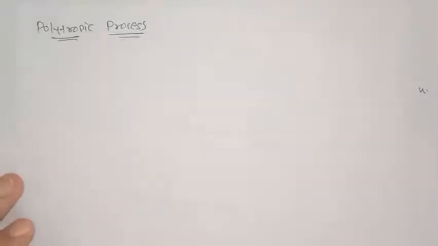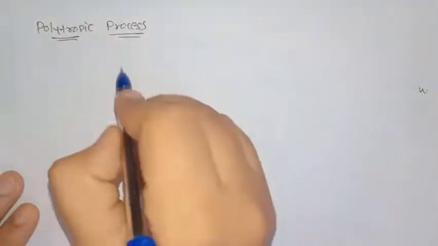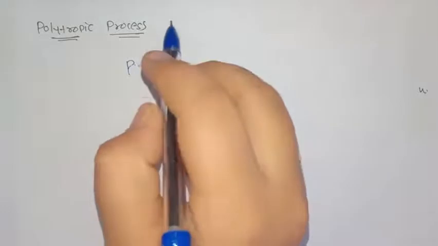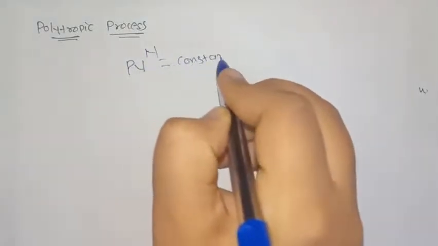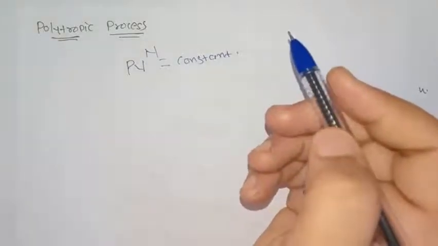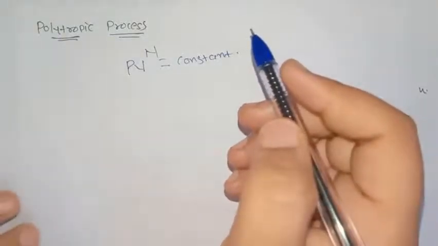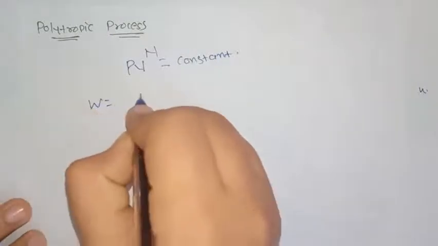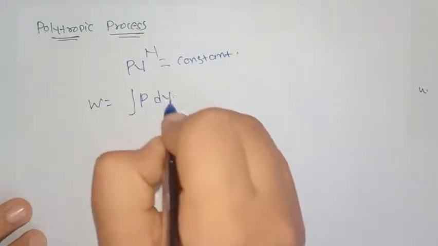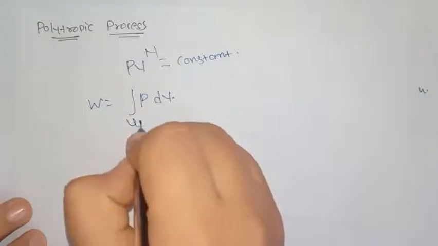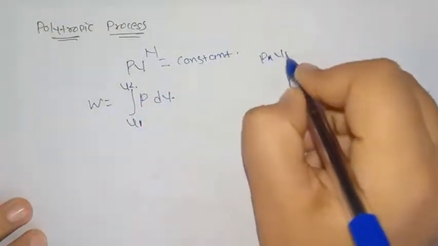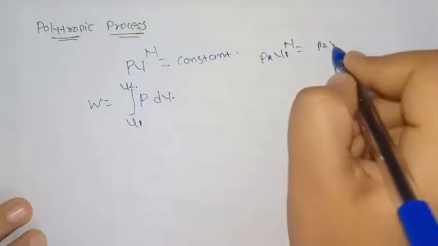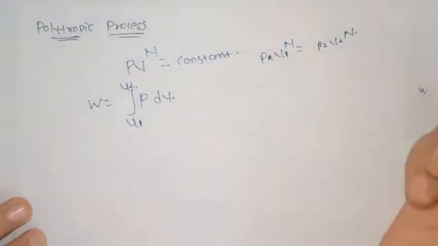Now let us see the polytropic process. For the polytropic process, the equation is given by PV^n is equal to constant. Let us find the work done in the polytropic process. The work done will be equal to the integration of P dV, limits from V1 to V2. We can write P1 V1^n is equal to P2 V2^n.